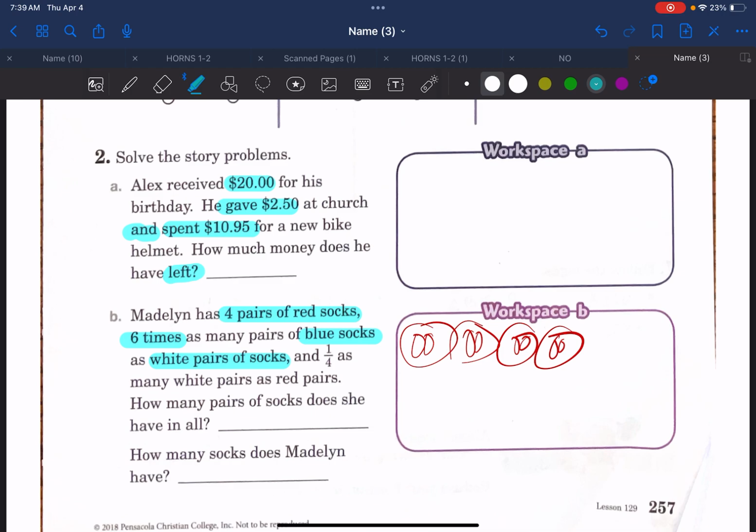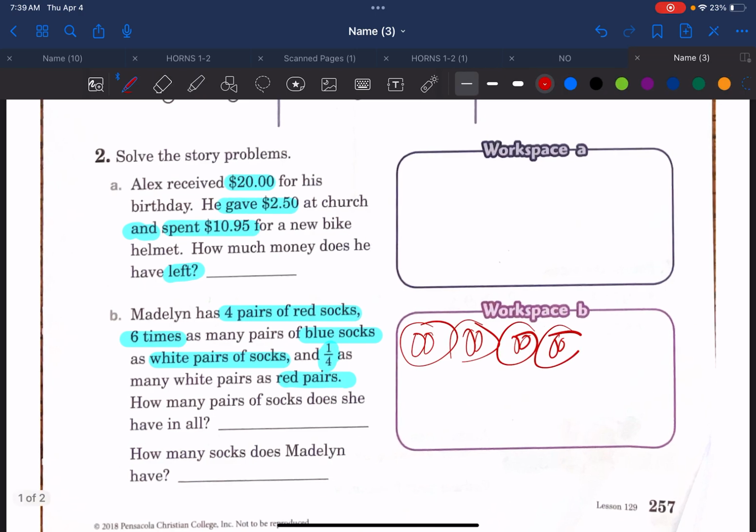The white is 1/4 as many as red. So you can compare. White would equal 1/4 of red, and blue is 6 times white.